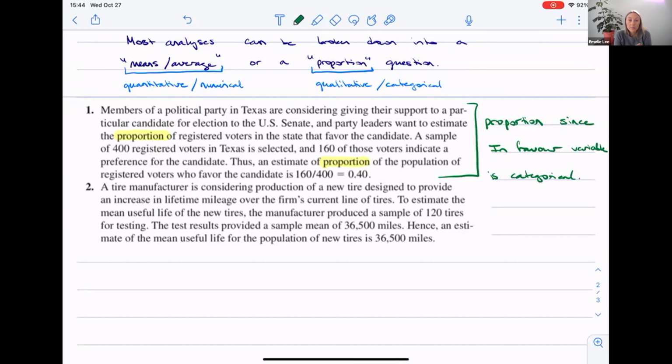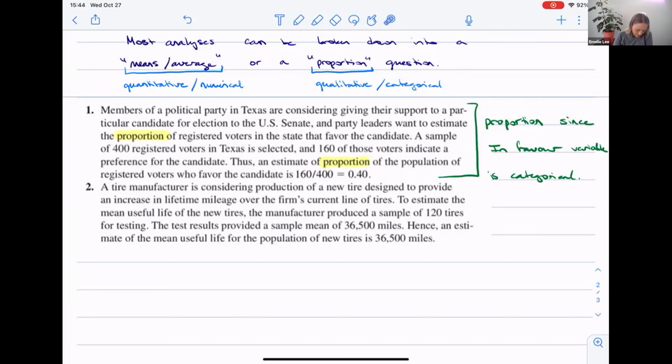So we only care about one of those categories. So all the other ones would be lumped into a no, whether they're no's or undecideds or whatever's, it doesn't really matter because we're only concerned with those who said yes, they would support that candidate.